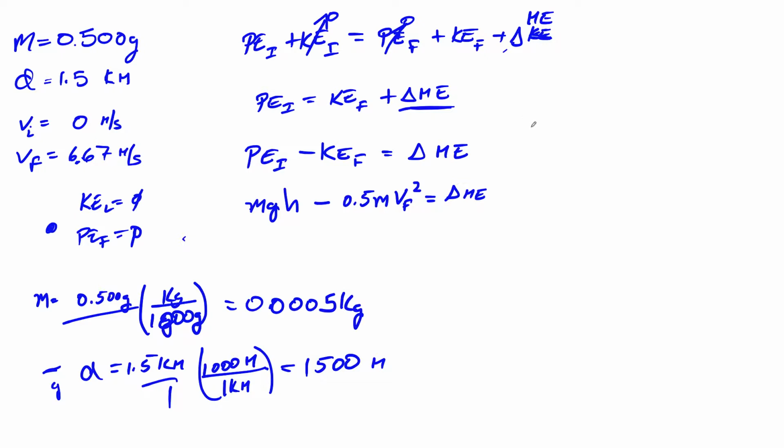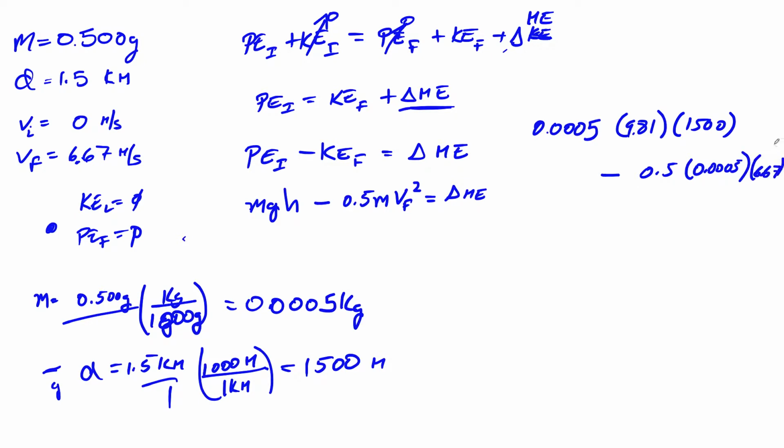Coming over here, you could either take mass away or just go ahead and calculate. So we've got 0.0005 times 9.81 times the height, which is 1,500, minus 0.5 times 0.0005 times velocity 6.67 squared. I'm running out of room here, so let me go to the next slide and redo this just for you.